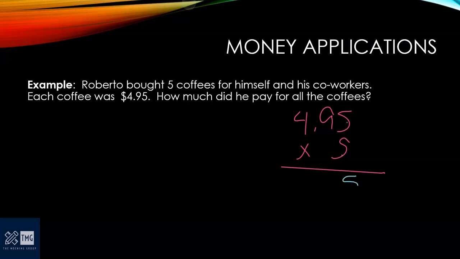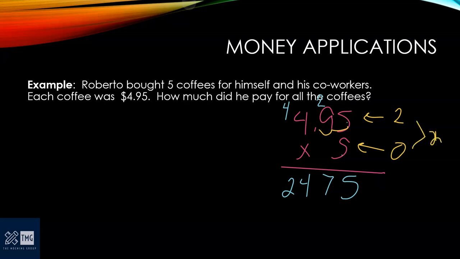So let's work through that. 5 times 5 is 25, carry my 2. 5 times 9 is 45, plus 2 is 47, carry my 4. And 5 times 4 is 20, plus 4 gives me 24. Now remember the decimal point. In our top number, we have 2 decimal places, and we have no decimal places in the bottom one. 2 plus 0 gives me 2, so my final answer has 2 places.